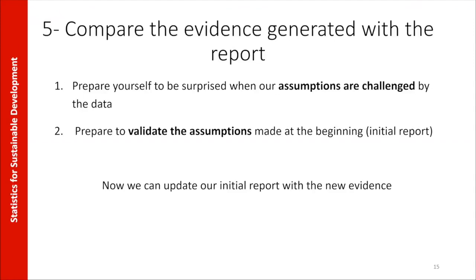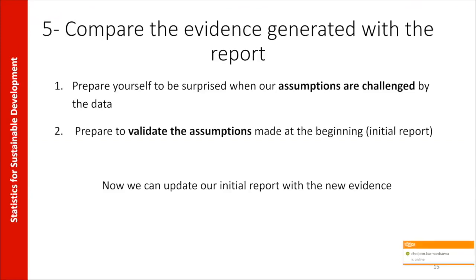So we have generated evidence from all this process, and then we can have two types of outcomes. The evidence generated either validates the assumptions made at the beginning in the initial report, so that's fine, but we have to prepare ourselves to be surprised when the assumptions are challenged by the data, by the information.